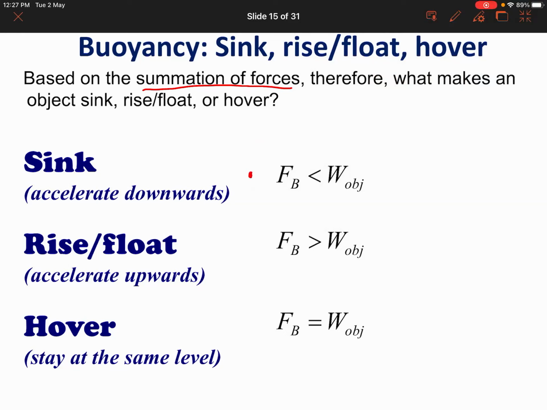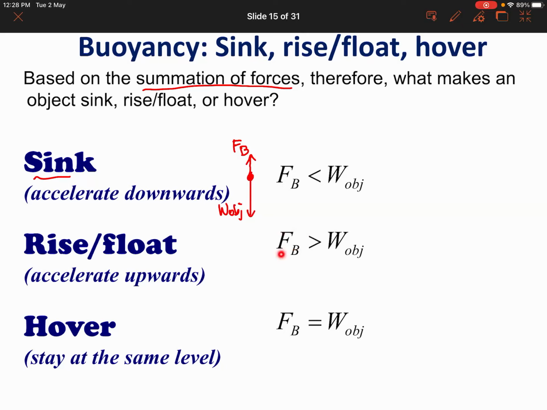So buoyancy force is always upwards. And of course, weight force is always downwards. All right, so if your free body diagram looks like this, then your net force will be downwards, and Newton's second law of motion says that your acceleration will be in the direction of the net force, and therefore the object will sink.